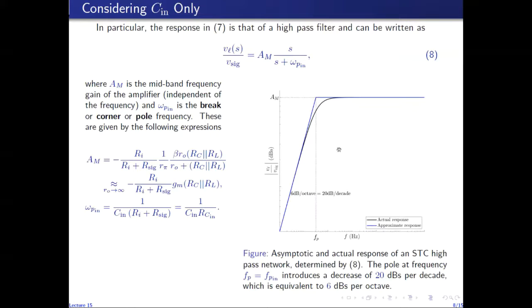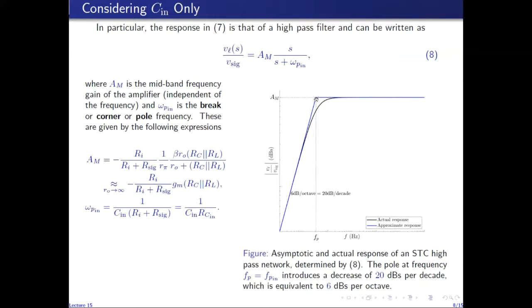So for frequencies greater than FP, there is no pole, so the gain is kept constant. As soon as we hit a pole, we decrease the gain of the amplifier with a slope of 6 dB per octave, or 20 dB per decade. So this gives us an approximate piecewise response of the amplifier, which is called the asymptotic response of the amplifier.